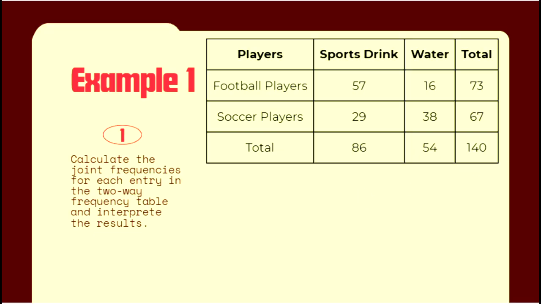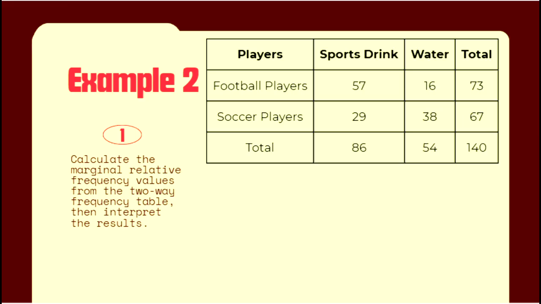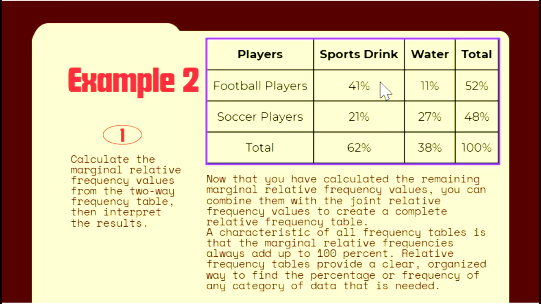Here's example number 2. Calculate the marginal relative frequency values from the two-way frequency table, then interpret the results. We already know that we had these percentages before. Now that you've calculated the remaining marginal relative frequency values, you can combine them with the joint relative frequency values to create a complete relative frequency table.